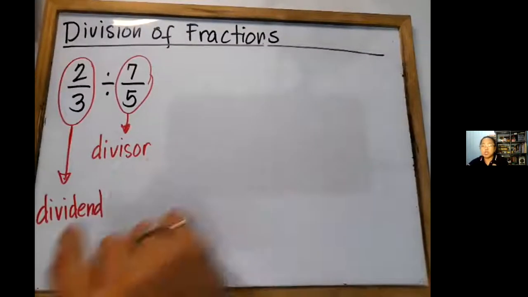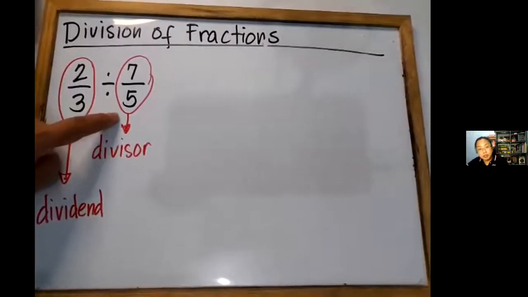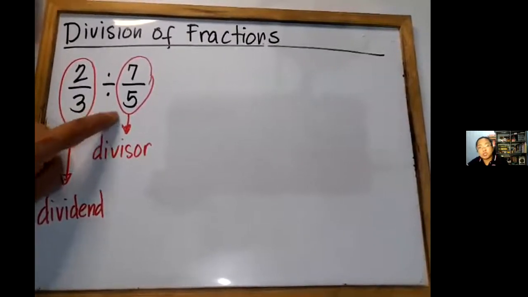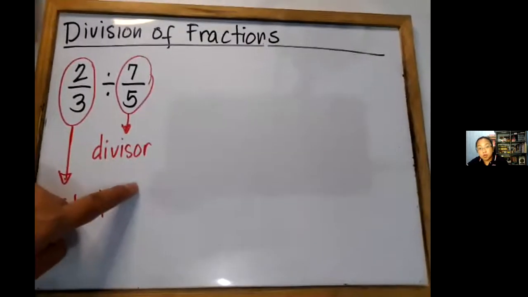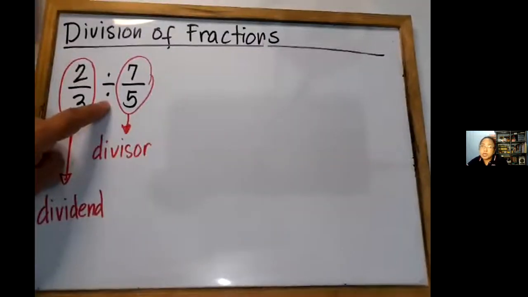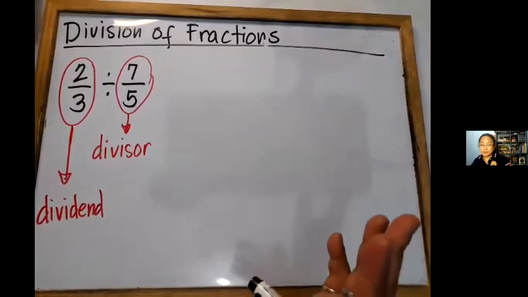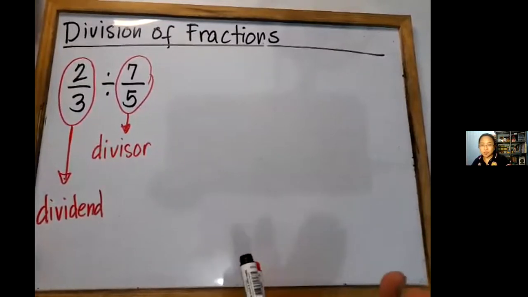Ang unang titignan ninyo yung division symbol. The number that comes after the division symbol is what we call the divisor. The divisor always comes after the division symbol in a division expression. So, 7/5 is our divisor.